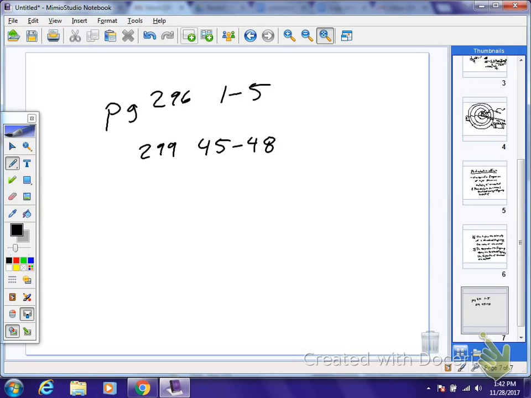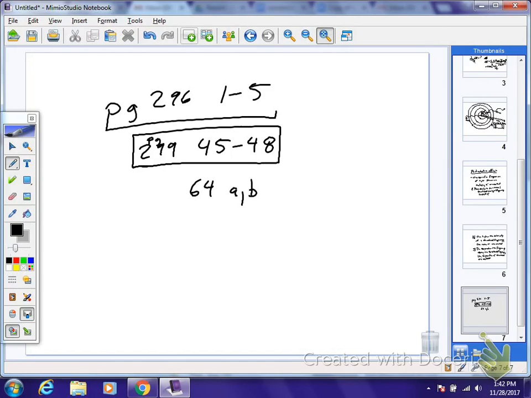And then 64 A and B, we have not done anything with that yet. This here you can probably do right now. This here you could probably do some of it with some reading. And then this one here we're going to look at tomorrow, 64 A and B.